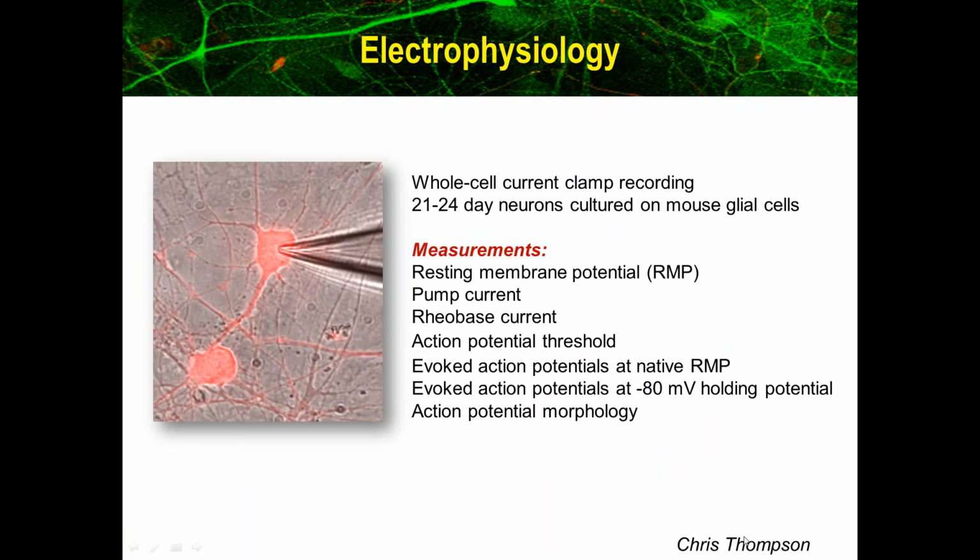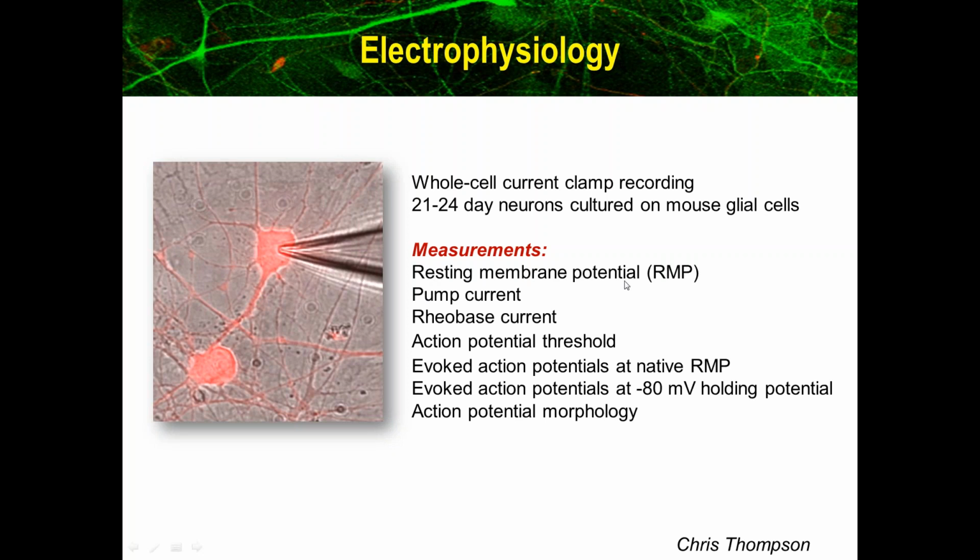Chris Thompson, a very talented scientist in my group, would then study the neurophysiological properties of these neurons. And he really wanted to measure all of the things we think define how a neuron functions. Now, probably most of the people on the call don't know what any of these terms mean.